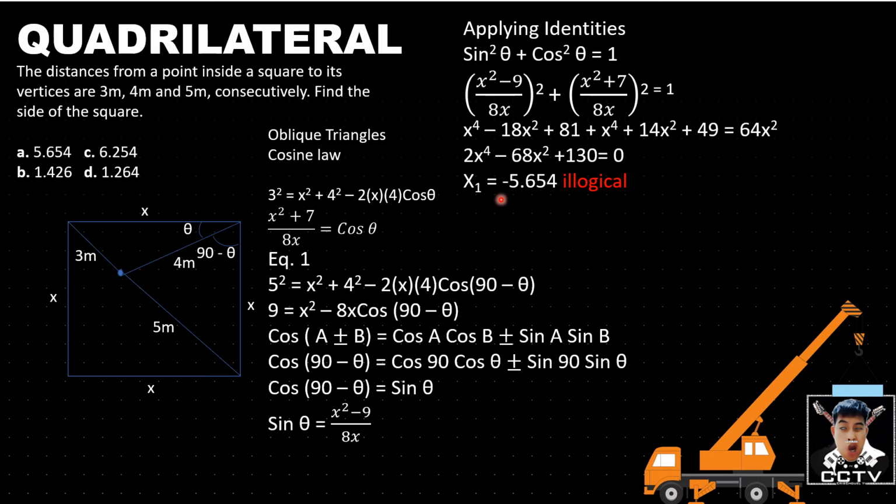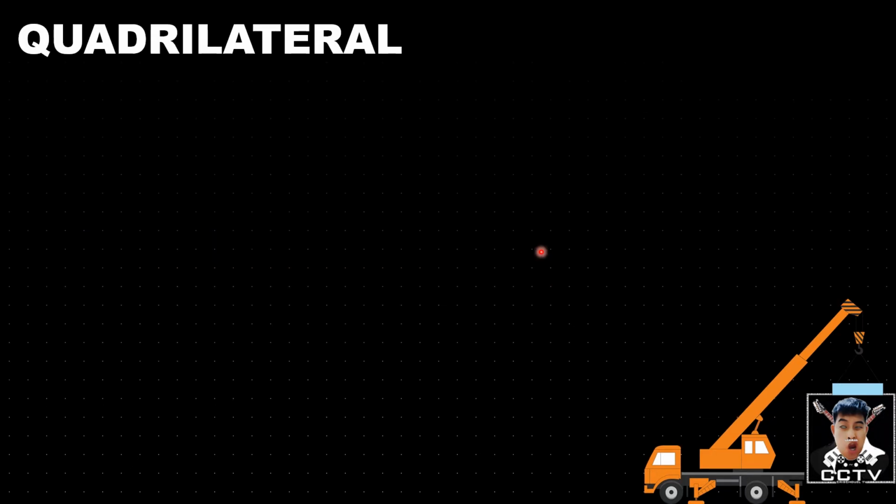Itong unang roots natin is negative 5.654, which is napaka-illogical kasi negative. Of course, negative ulit. Napaka-illogical ulit. And of course, this one is positive and napaka-illogical ulit kasi paano naging 1 yan? Ang haba ng mga to. And of course, this one is the correct answer.